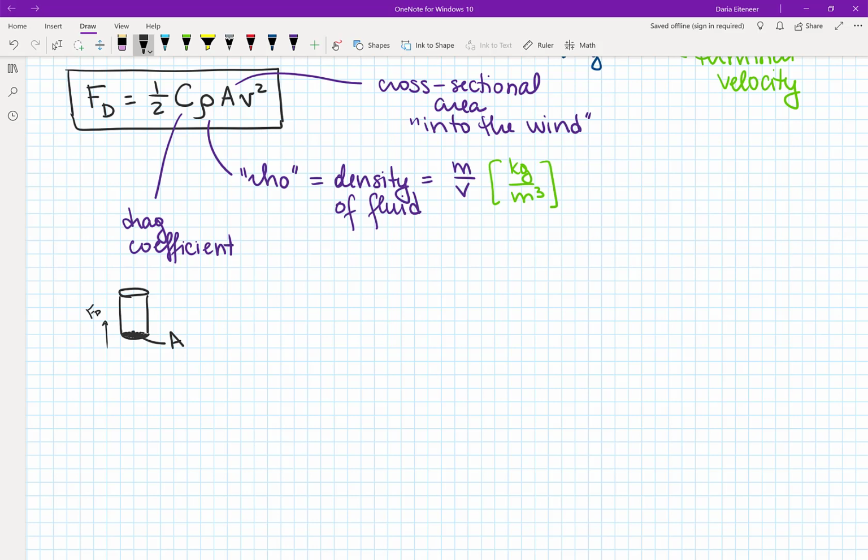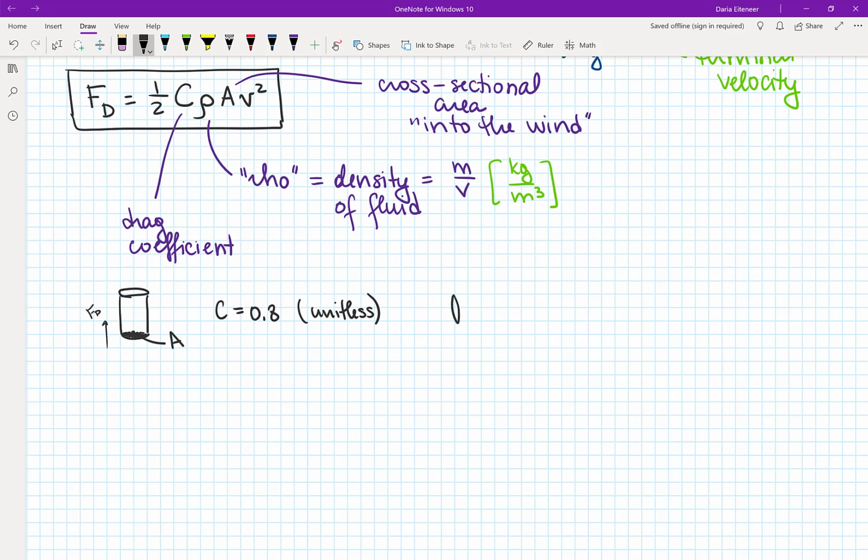Obviously you know how to calculate the area of a circle, but for something like this, C is a unitless constant. This is 0.8. You do not have to memorize these. I will tell you what C is for different shapes.